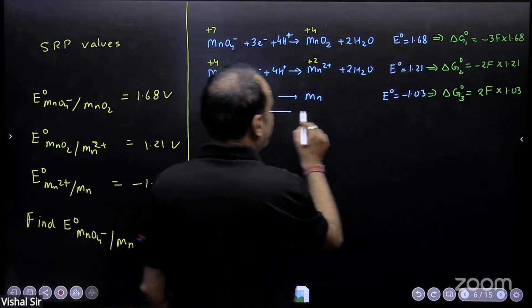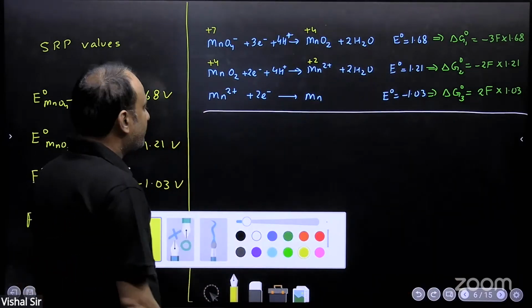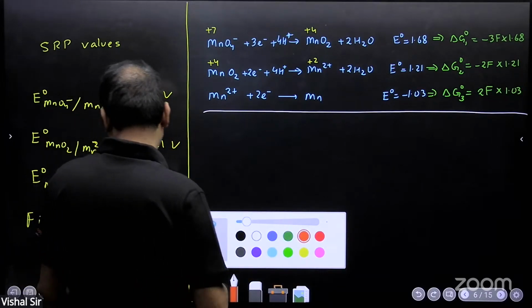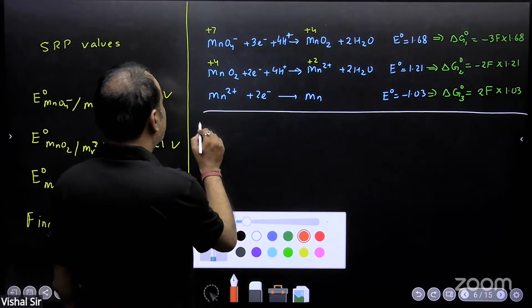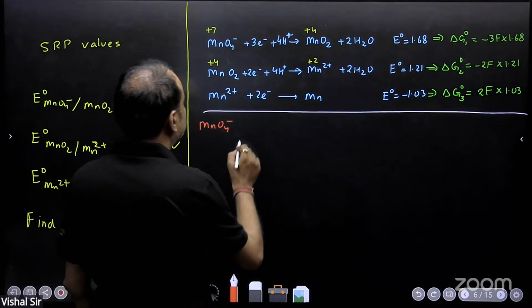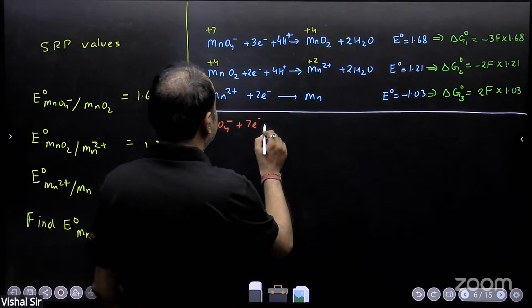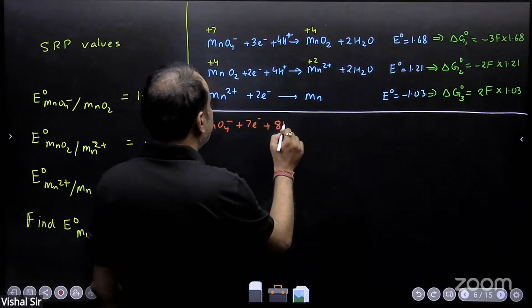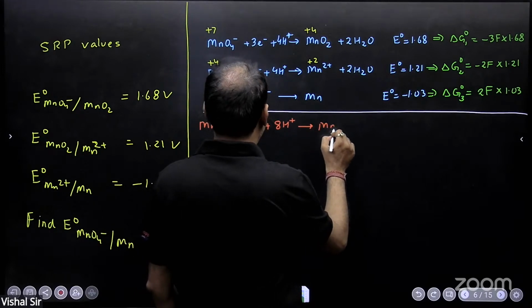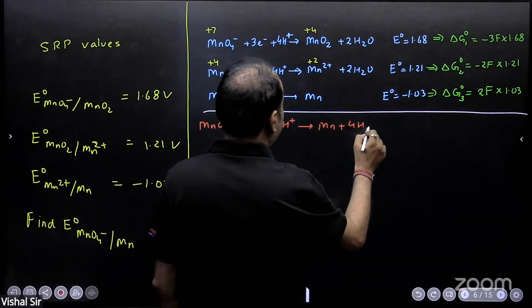So now if I add all these three reactions, what will I get? The overall reaction, MnO4 minus plus 7 electrons plus 8H plus goes to Mn and 4 water.